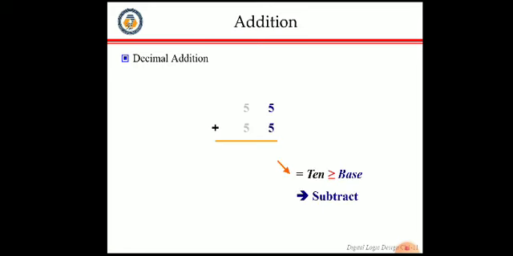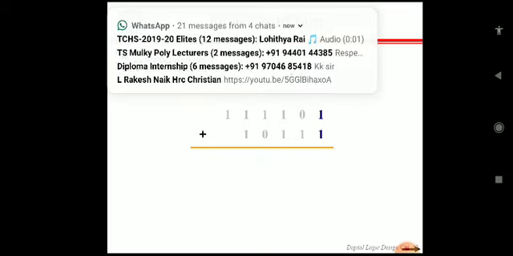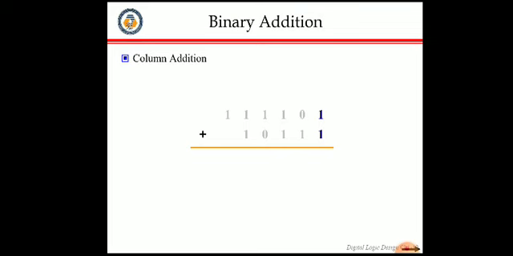55 plus 55. So you will get 110. This you know. Next, let us see the binary addition. What numbers have we taken? The first number is 111101 plus 10111.